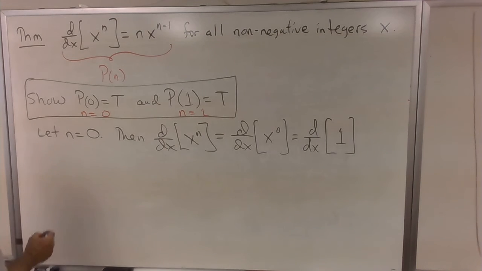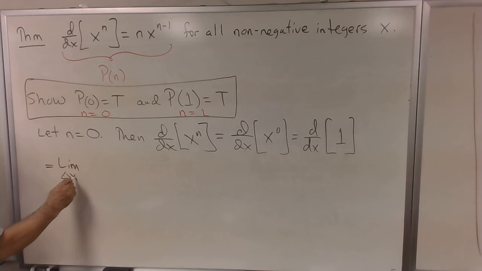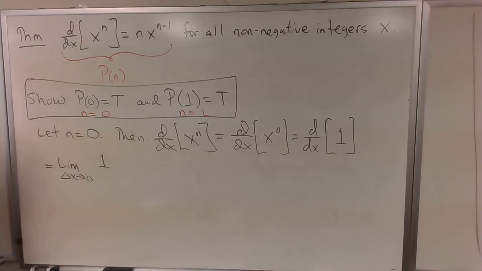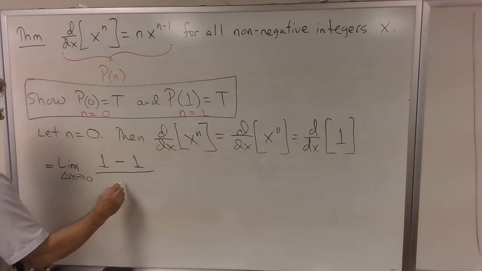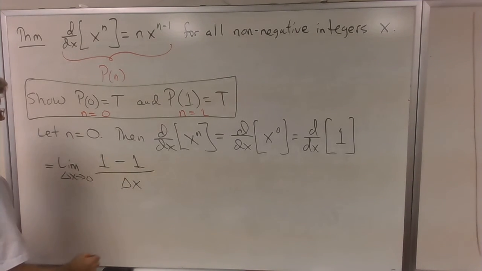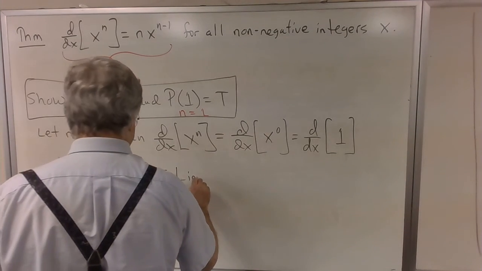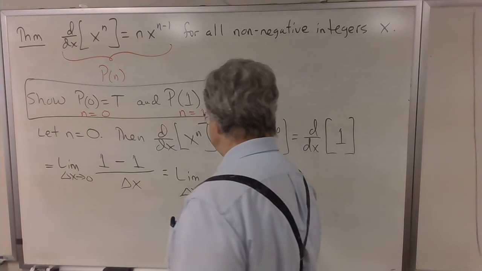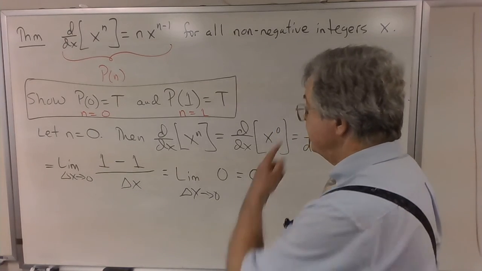So the derivative of that is the limit as delta x goes to 0 of f of x plus delta x minus f of x, all over delta x. Well, that's the limit of 0, which is 0.